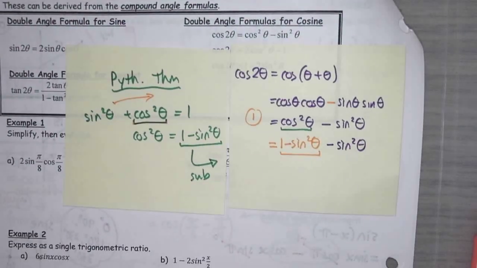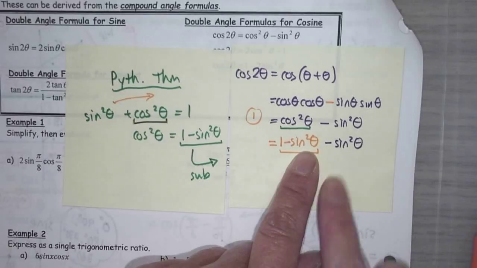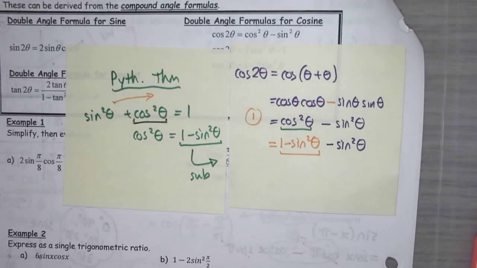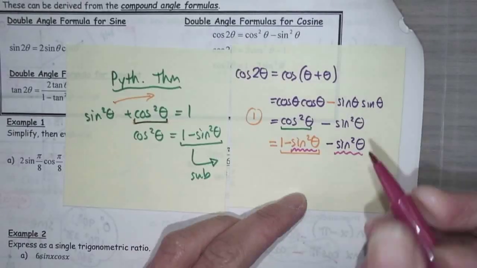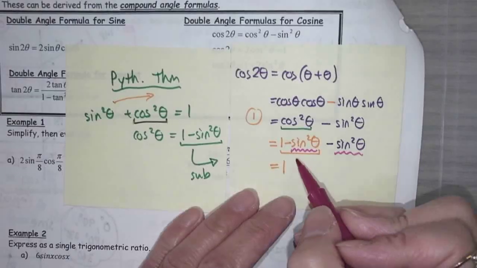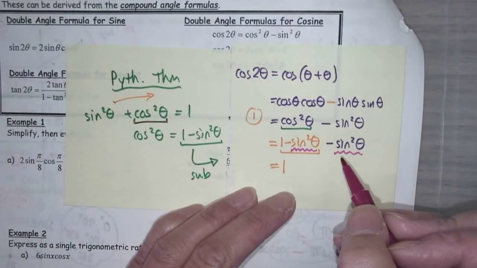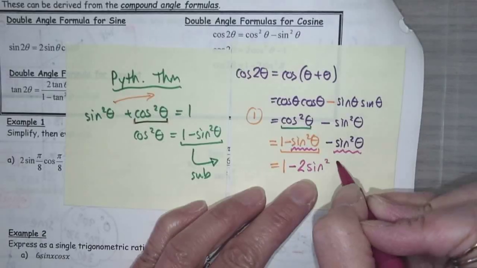Okay, and what do you see here? Those guys are like terms, right? So this one's like terms with this one. So I can write it as equals 1 minus 2 sine squared.